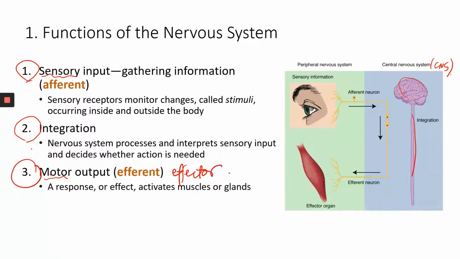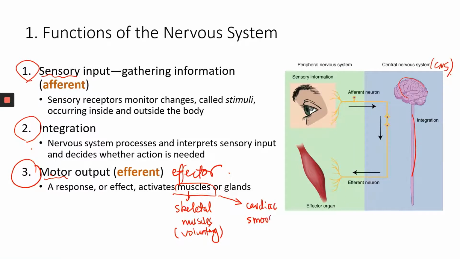Effector. Okay, so it could be muscles, which usually you can control consciously. Specifically, that would have to be skeletal muscles that you can control consciously. Okay, so that's called voluntary control. All right, now you can also control the other two types of muscles, if you remember from the first lesson, and that's going to be cardiac muscle and smooth muscle.